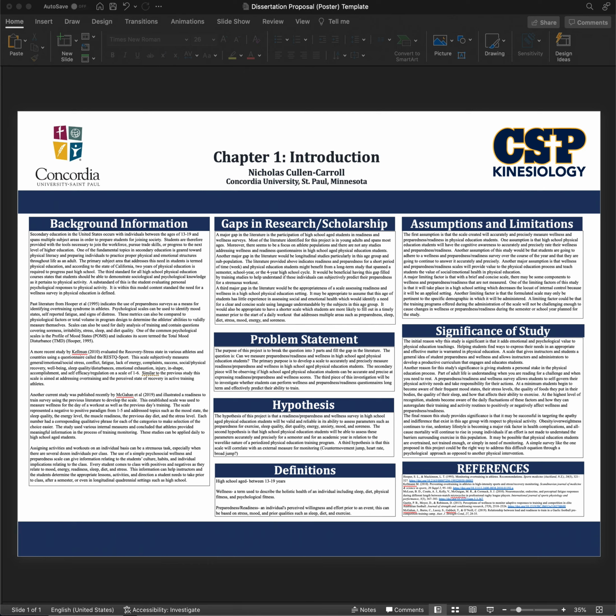Another definition that I wanted to give was the definition of wellness, and we're going to define that as a term used to describe the holistic health of an individual, including properties such as sleep, diet, physical fitness, and psychological fitness as well. And then the last definition that I thought was kind of vague is preparedness and readiness, which is an individual's perceived willingness and effort prior to an event.